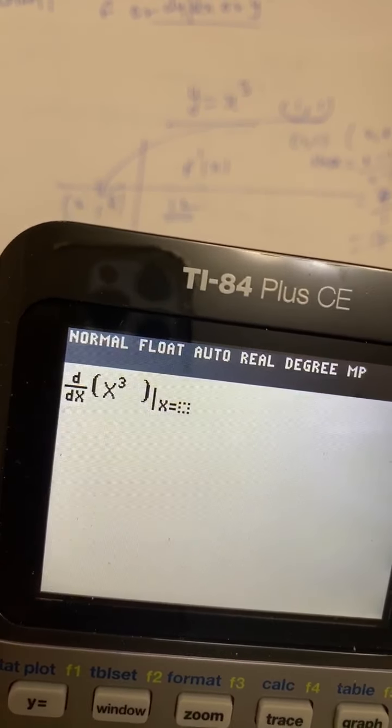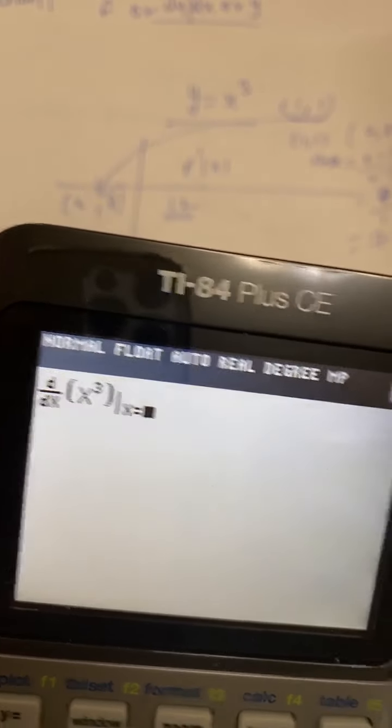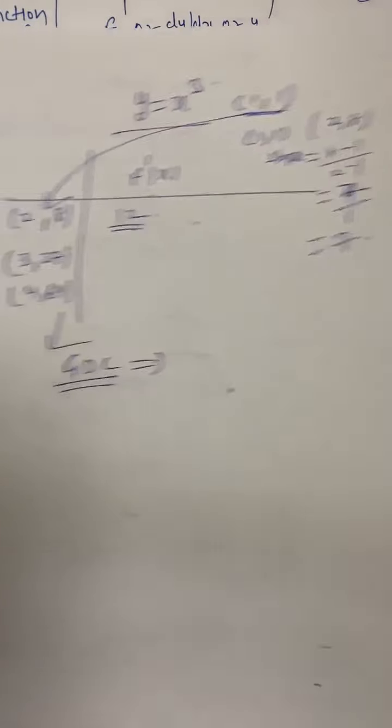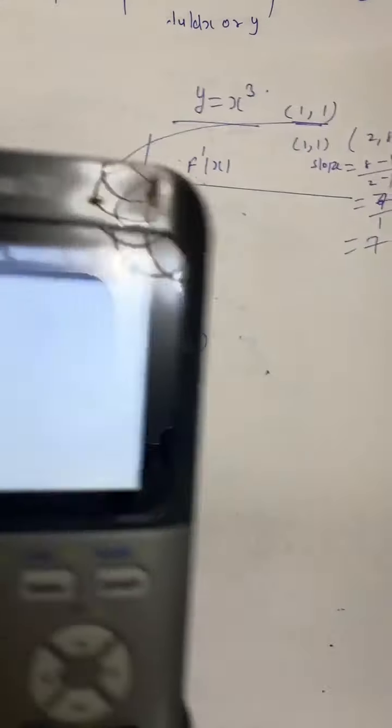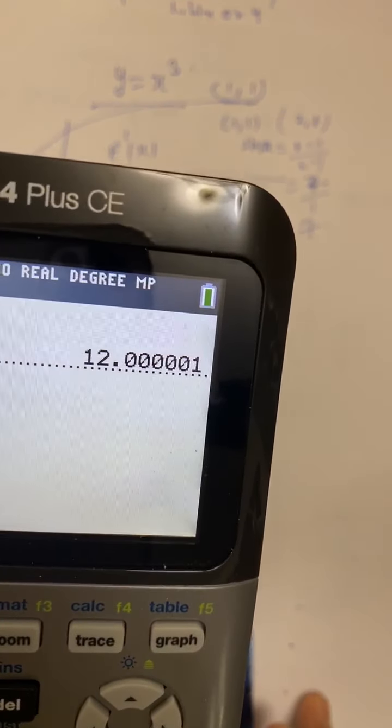Look at what equation I have: y is equal to x cubed, and x is 2 for the first one. So when x is 2, enter, and I got 12.001.